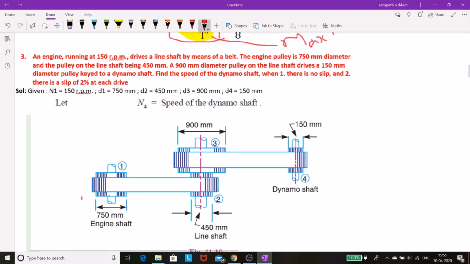Here the engine speed is given, that is the driving member. If I take this as N1 and this as N2, the N1 speed is given, the engine shaft running at 150 rpm. The speed of the dynamo shaft is what we need to calculate.